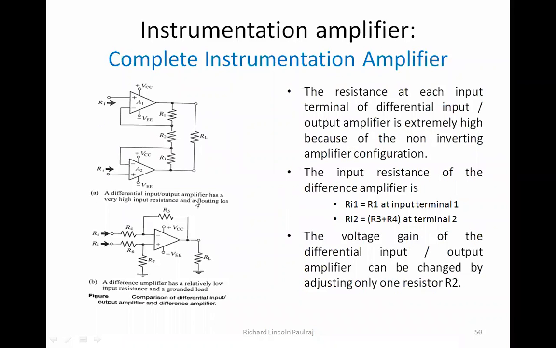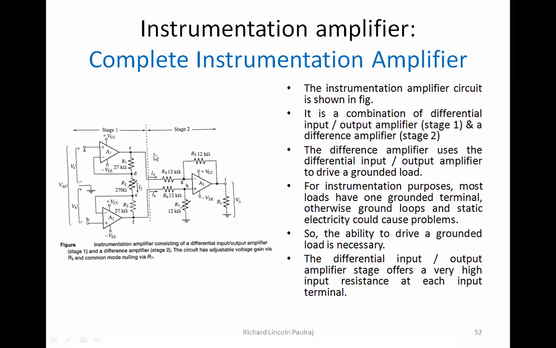Then we try to combine them. We broke those circuits apart separately. We studied this differential circuit, and then we studied this difference circuit, and we tried to combine them. We were able to see that RI1 is equal to R1 at input terminal 1, and RI2 is equal to R3 plus R4. R4 is here and R3 is here, so this circuit is going to come and sit here.